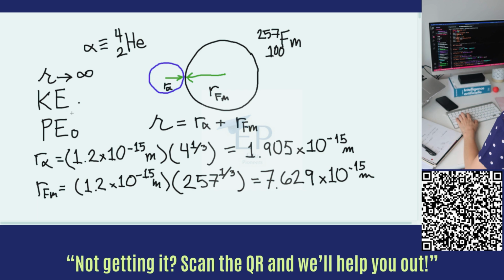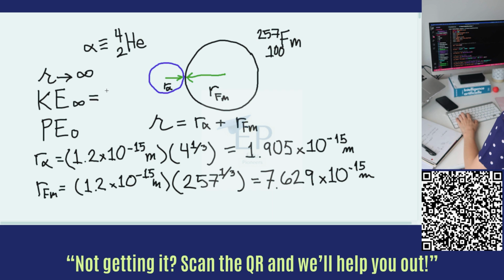For the case of kinetic energy, as it approaches infinity, all of the potential energy that occurred in this state with the particles touching is going to be transferred to the alpha particle as it moves, approaching that infinite distance.